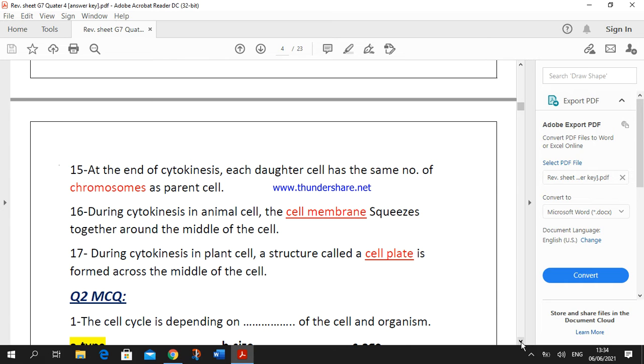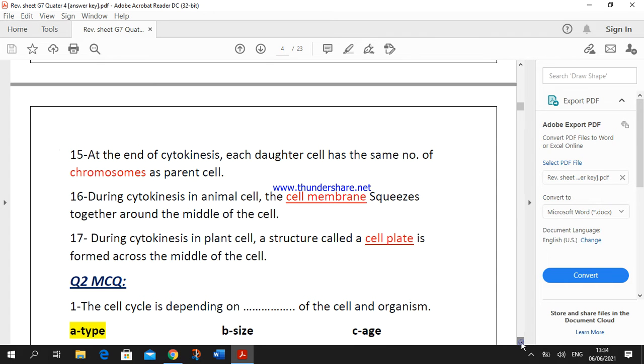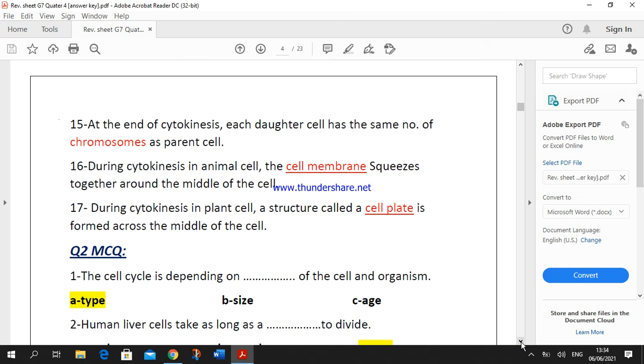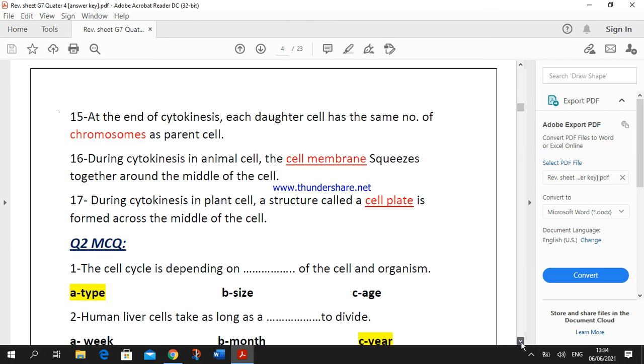The cell membrane squeezes together around the middle of the cell to form 2 daughter cells. During cytokinesis in plant cells, a structure called the cell plate is formed across the middle of the cell, okay? Because the plant cell is surrounded from outside by the rigid cell wall, okay?